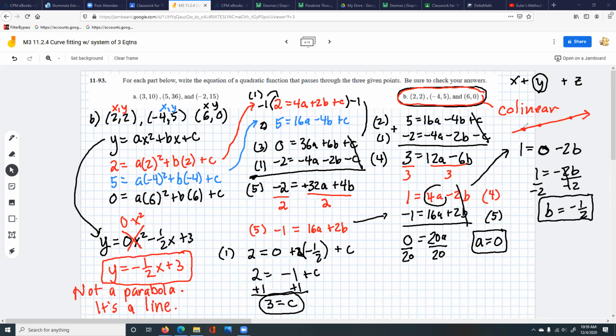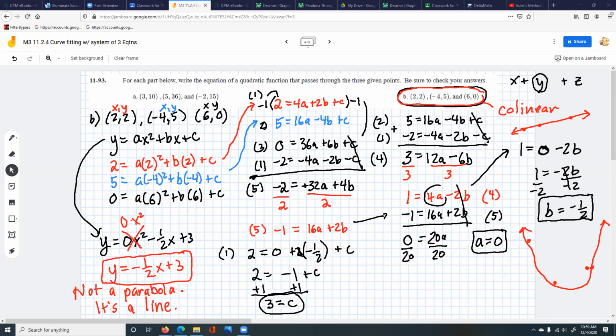Okay? So you need to make sure when you pick 3 points, there are 3 points that are not in a line. If you pick 3 points that make a triangle, right, then you can get a parabola that goes through it. Oops, sorry, I missed that one a little bit. But if you pick 3 points in a line, you're not going to get a parabola equation.